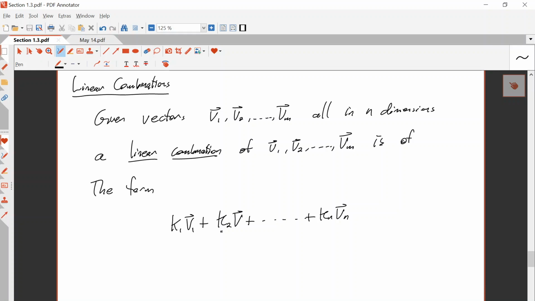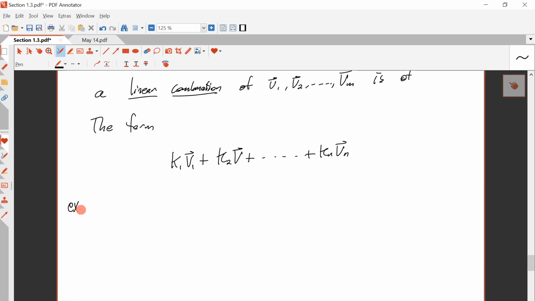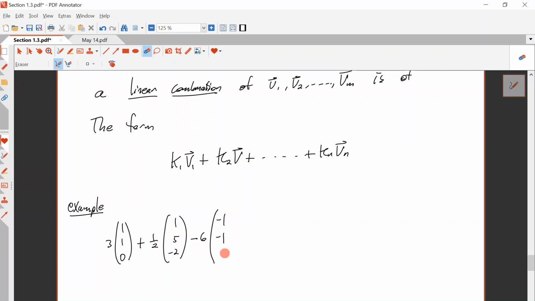Okay. So for example, 3 times the vector (1, 1, 0) plus half times the vector (1, 5, -2) minus 6 times the vector (-1, -1, 1), we'll say. Okay, what's that going to be equal to?